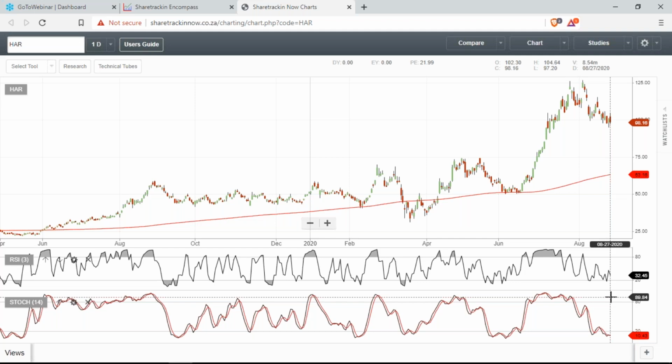At this point, I would rather add the share to my watch list than actually buying it, for the reason that this share has been negative today, and my RSI as well as my stochastic is telling me that this share is still busy dropping. So you would wait for this share to turn around and to start climbing before we buy the share.